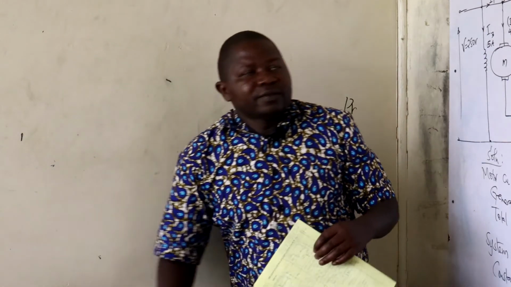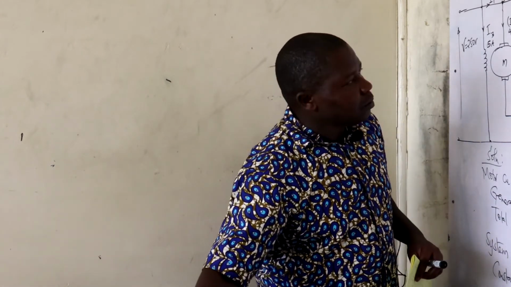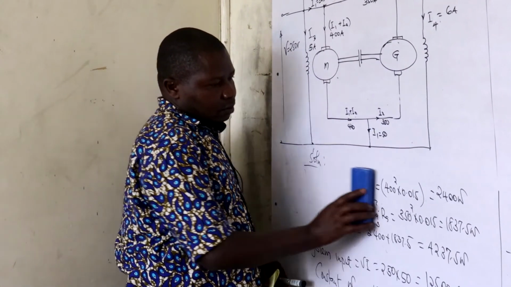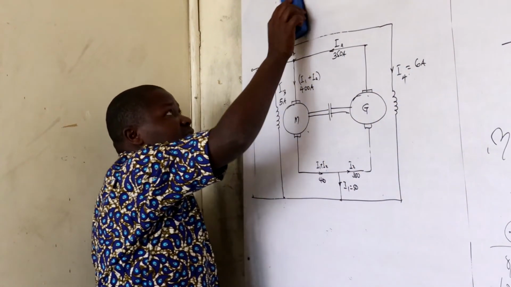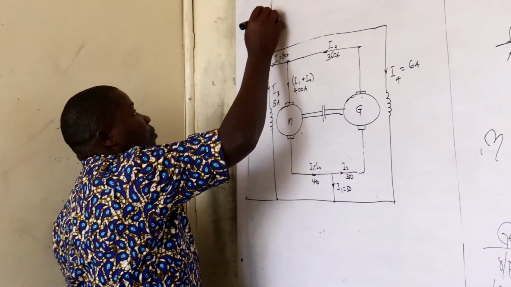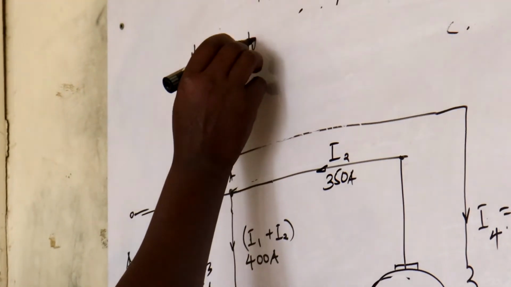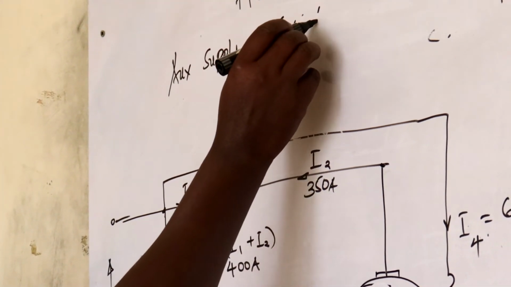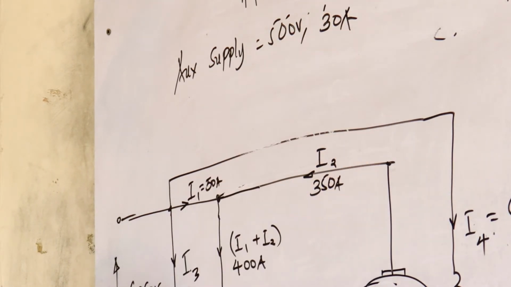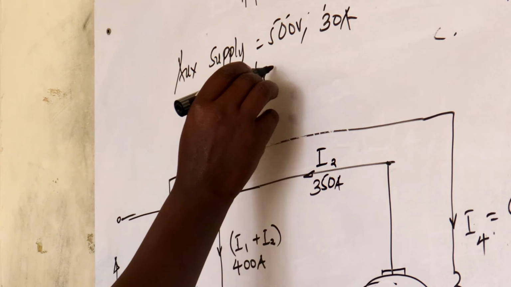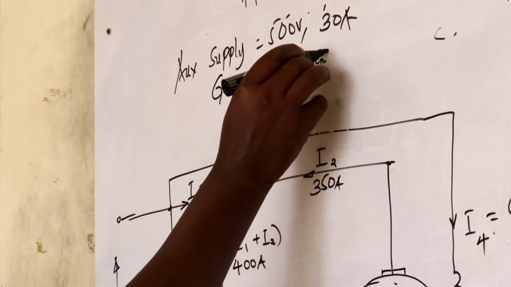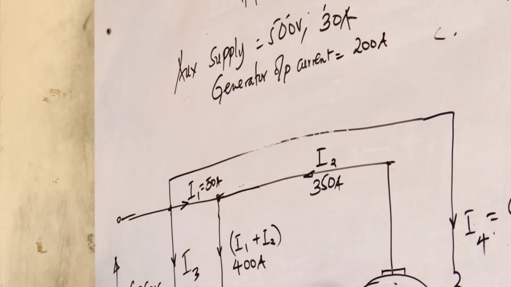The auxiliary supply is 500 volts, 30 amps. Generator output current is 200 amps.